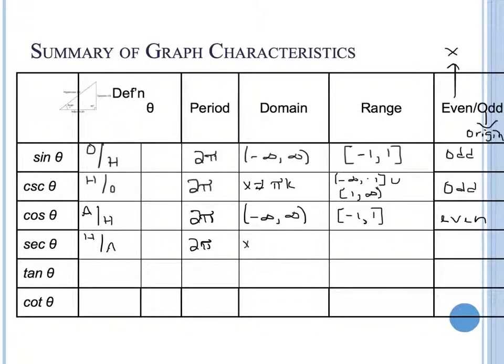However, x cannot equal pi over 2 k. The range goes from -infinity to -1, and then 1 to infinity. And the secant is even. Okay, and the rest of this is for you to fill out.